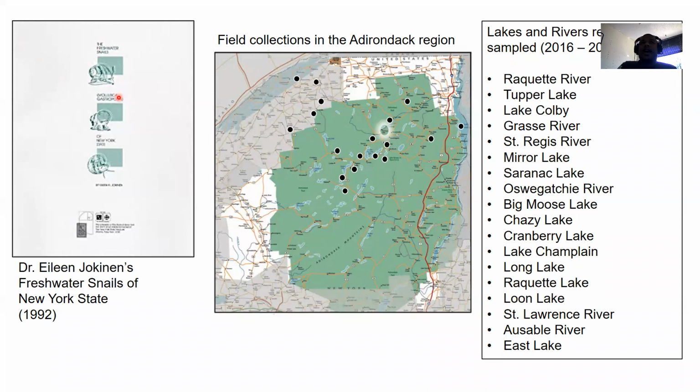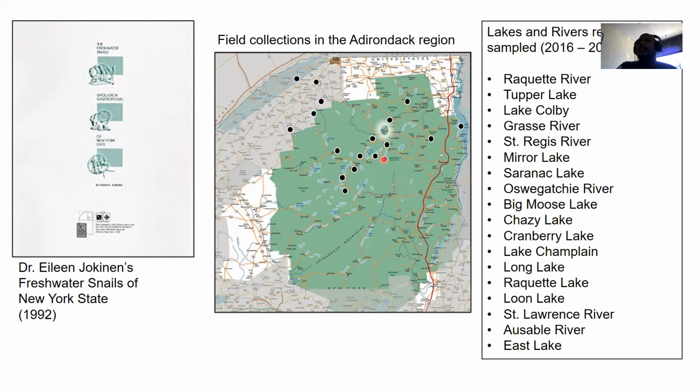And one of the things I did was I found the Freshwater Snails of New York State, which was written by Dr. Eileen Jokinen back in the early 90s. Essentially, this is one of the most comprehensive regional surveys of gastropods that you can find anywhere else. All right, so over the last couple of years, these are the different areas that my students and I have sampled.